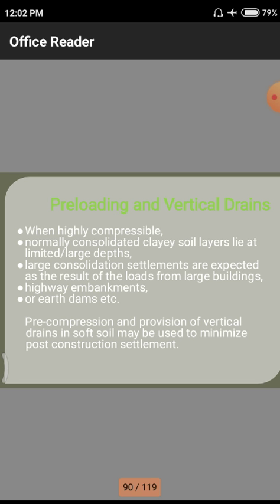Next one is that large consolidation settlements are expected as a result of loads from large buildings. A large structure means a structure having a huge amount of weight with respect to its body.